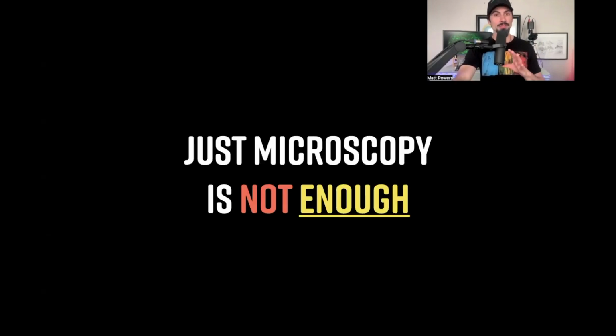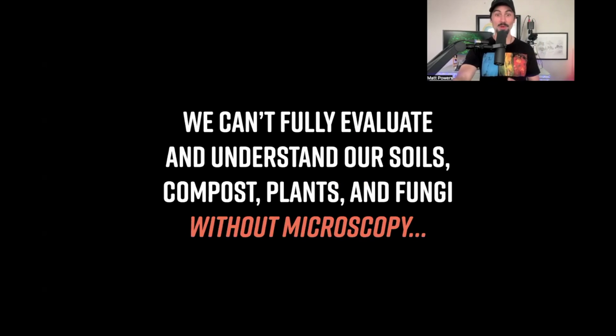Now, as you've noticed, just microscopy is not enough, but we can't fully evaluate and understand our soils, compost, plants, and fungi and roots without microscopy. You can't do the DNA testing and then get back the information you get from microscopy. Think about this. We look at a drop at a time or a root at a time.